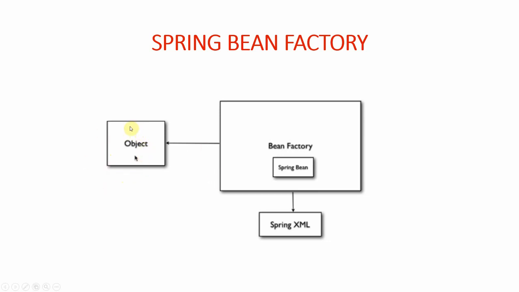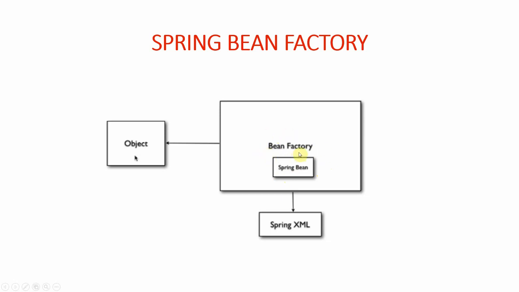So what happens is the following. We want to create an object or a bean, and instead of saying object B equals new object, we call this bean factory and ask this factory, can you please create an object with this ID for us?